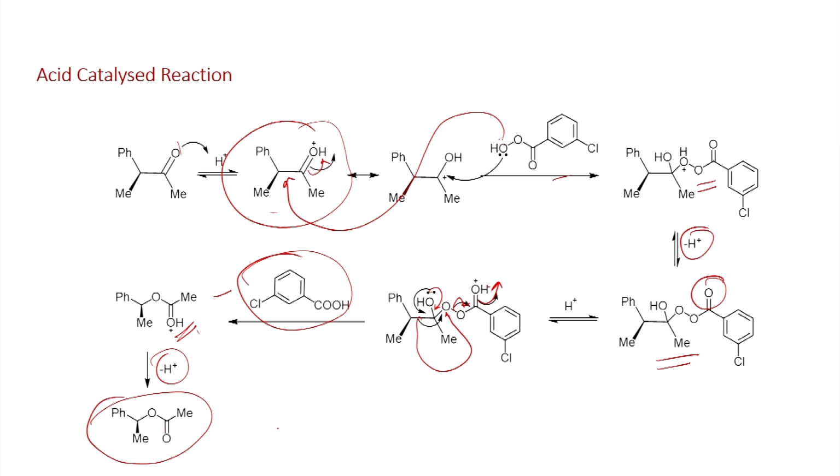Then you will be able to form this ester as a product. Alternatively, you can also write, once you form this one, this can migrate as shown here, it can go here, then this can leave, and this can also pick up the proton.